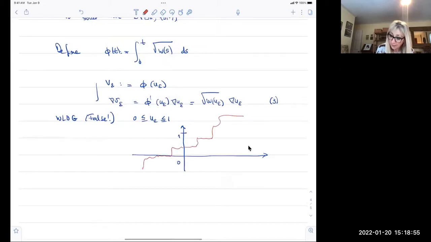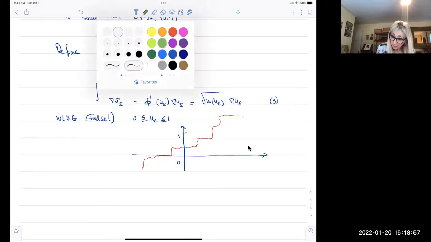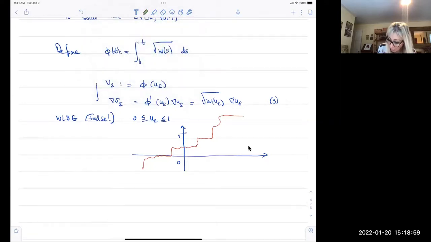Basically what I'm going to do is truncate it. This is what we call the spinodal region here. I keep it between 0 and 1 as it is, but as soon as I go up, I truncate it.